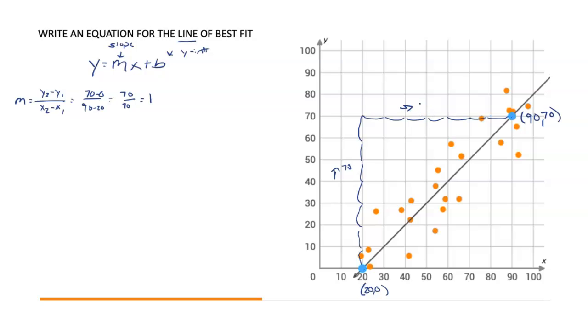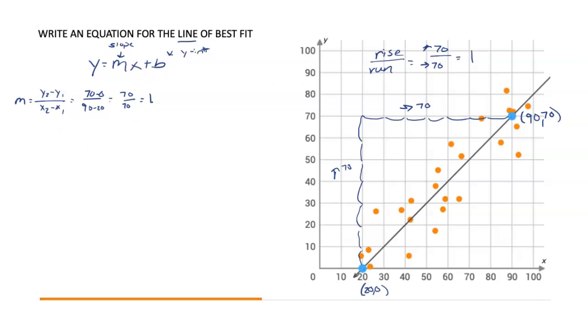This is also 7 spaces, or 70 because I'm going up by tens. And my rise over my run: rise was positive 70, over forward 70. So they're both positive, which means I have 1. You can work these either way. But here's the thing, I only know m, and I have to go find b.